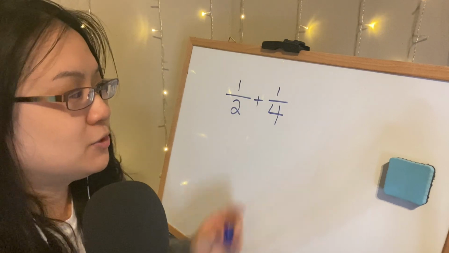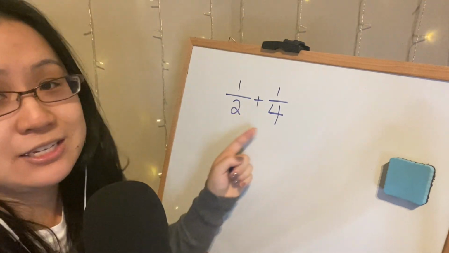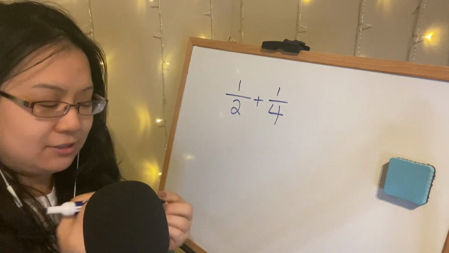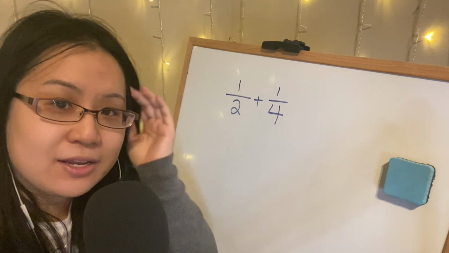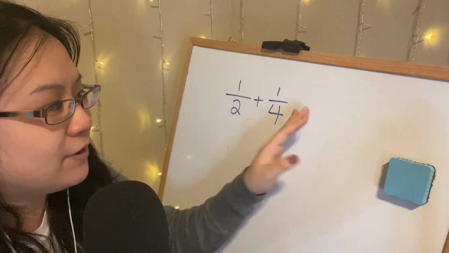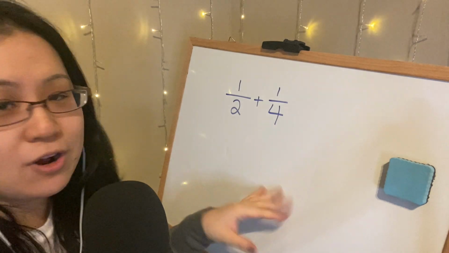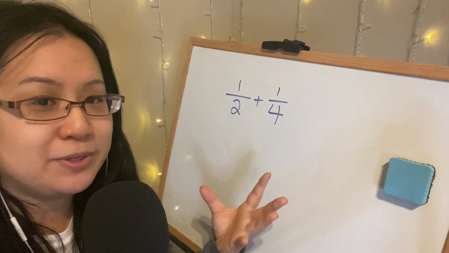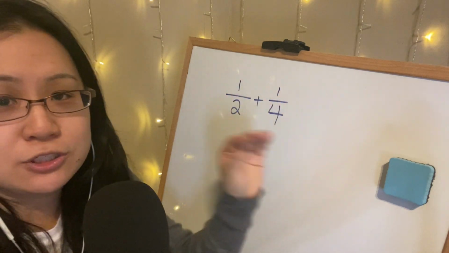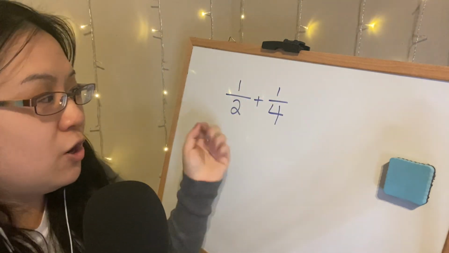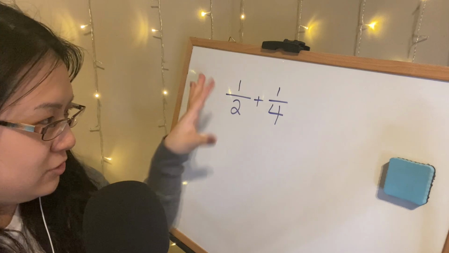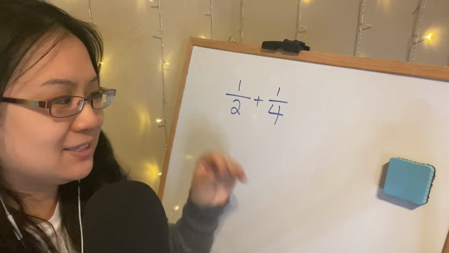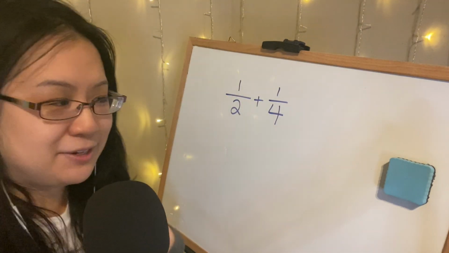Good. So we are going to be adding these two fractions, okay? And to add fractions, let's draw out what these fractions look like. This is a little bit of review before we just jump into the rules, or before we try and solve it all at once. Let's build some intuition, okay?